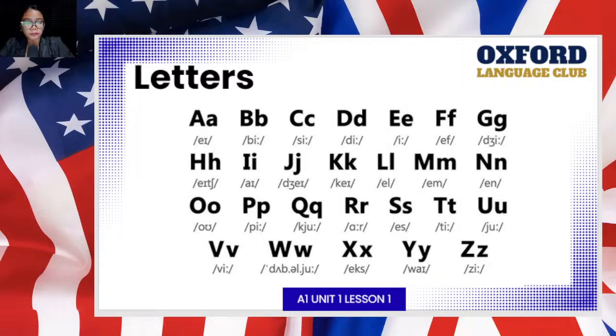That is what we call phonetic transcription. It guides you to properly pronounce these letters. When we include these letters in a word or a sentence, there are many pronunciations you can use. But here, when we read all the letters of the alphabet, we say A, B, C, D, E, F, G.